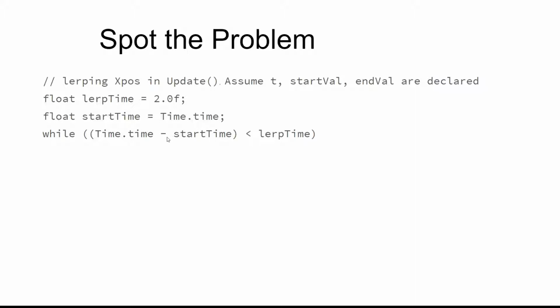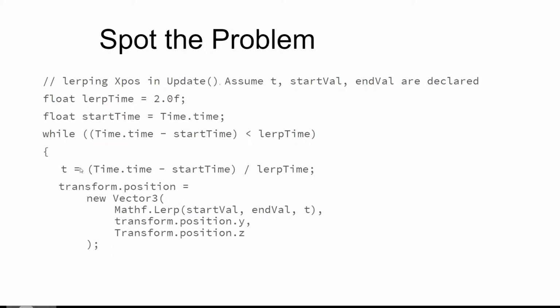for everybody else, I want this while loop to last for that 2 seconds, because I know that's how long I want it to take. On every time step, or each iteration through this loop, I'm going to change this ratio. Time changes, start time doesn't.